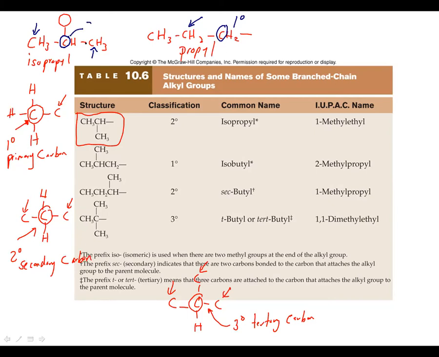So these attachment places and how they attach, depending on which carbon it attaches to, will give us some different groups. And that's why when we look over here, for example, this is what's known as t-butyl or tert-butyl. T-butyl or tert means tertiary, basically. And if we look at the carbon that gets attached, it's attached to 1, 2, and 3 other carbons.